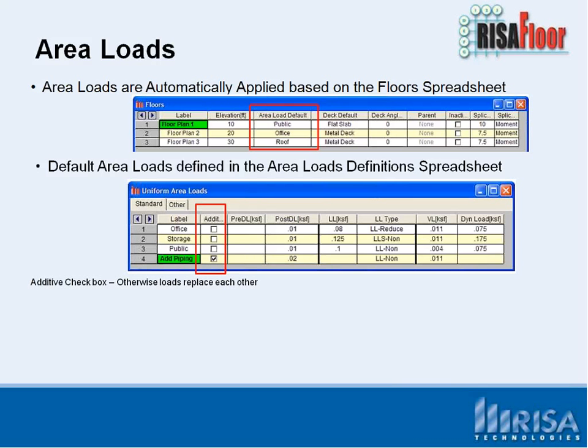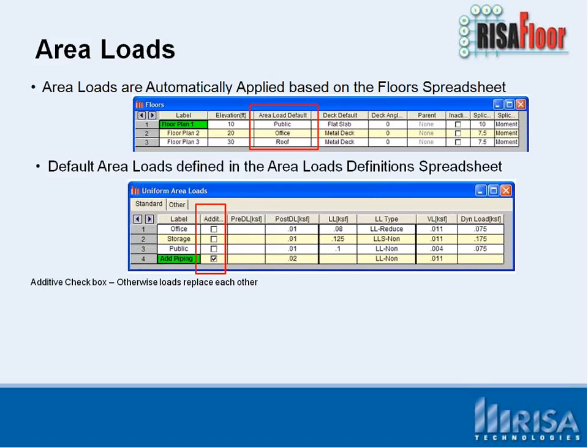First of all, that additive checkbox. This is an important checkbox because right now, if you put a load on top of another load, they replace each other. So if I have a public loading on the entire floor and in certain areas I put some storage area, the storage loading is going to replace the public loading.